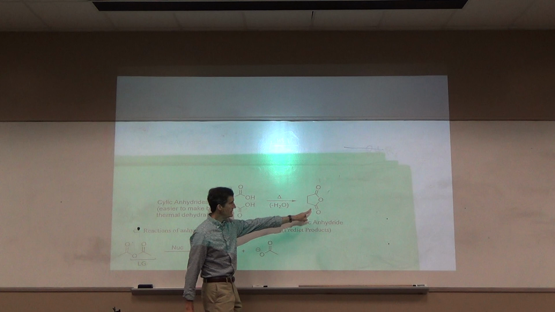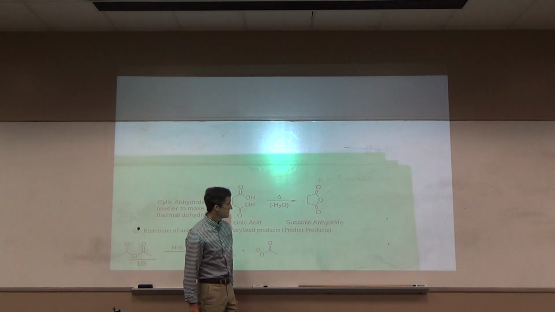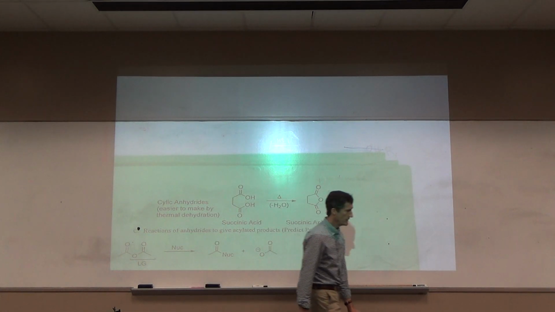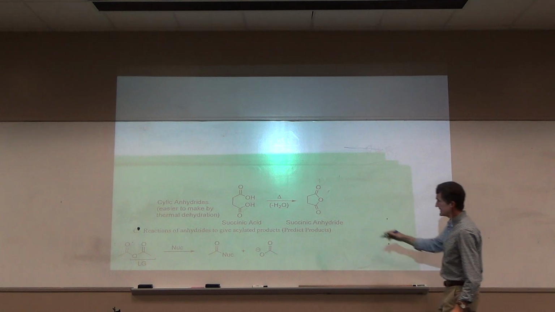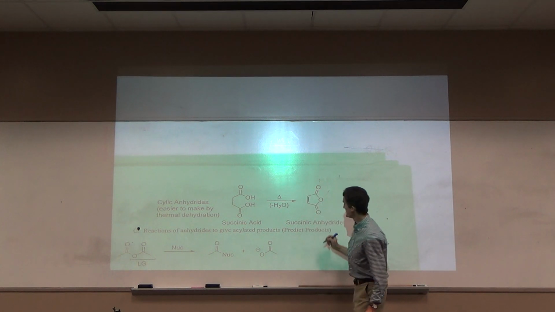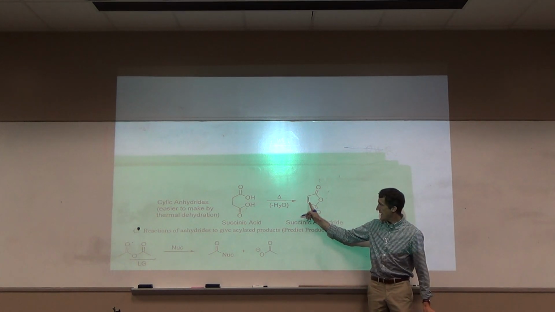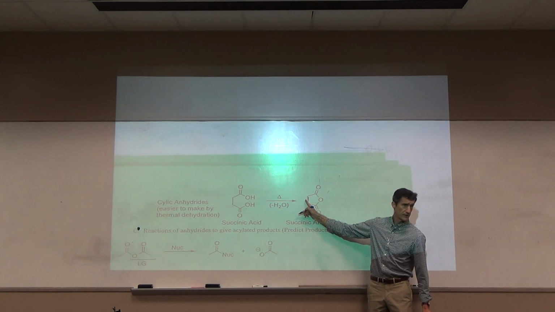And so you often see cyclic anhydrides. We didn't do the Diels-Alder in Organic 1, but if you look back at the lab manual from Organic 1, there's a Diels-Alder reaction, and it uses maleic anhydride. Maleic anhydride is this, it just has a double bond here. And that double bond is a dienophile in the Diels-Alder reaction.